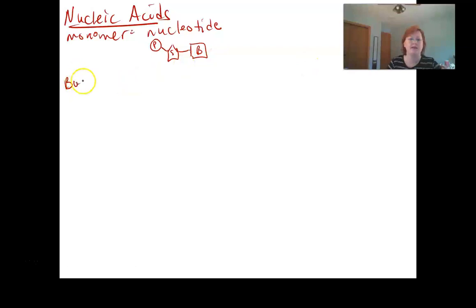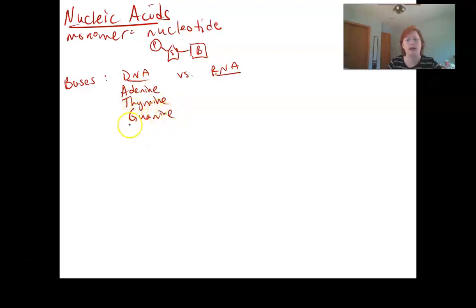The bases in nucleic acids differ depending on whether you're talking about DNA or RNA. In DNA, we have adenine, thymine, guanine, and cytosine. In RNA, we have adenine, guanine, and cytosine, but instead of thymine, we have uracil.